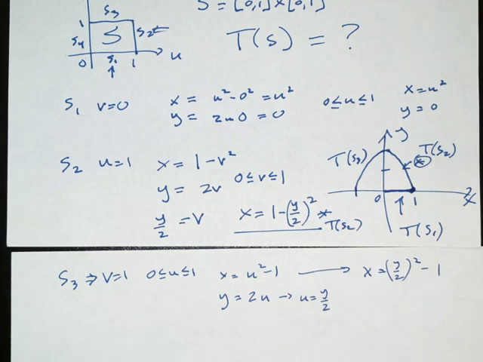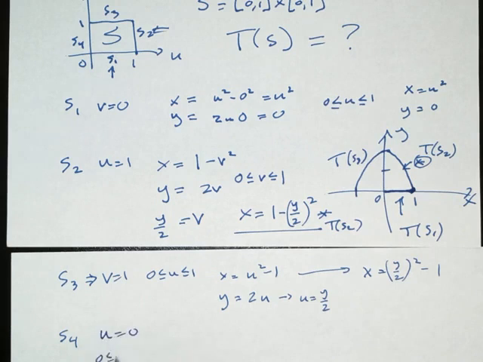What about side 4? What do you know about the points on side 4 up in that square? U is 0, and V is trapped between 0 and 1. Go back to my equations.